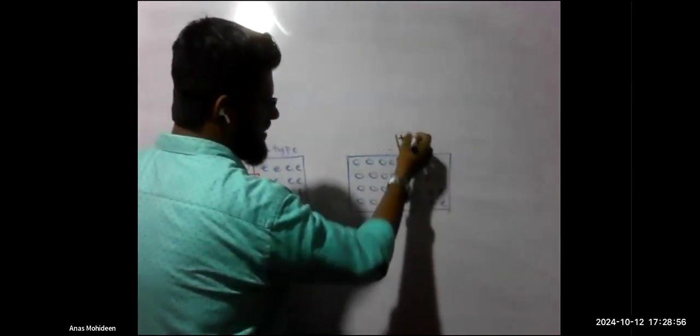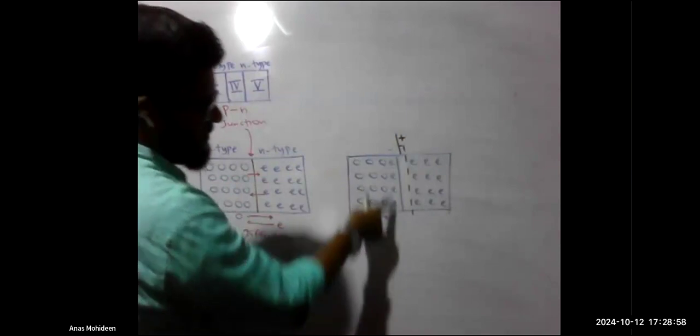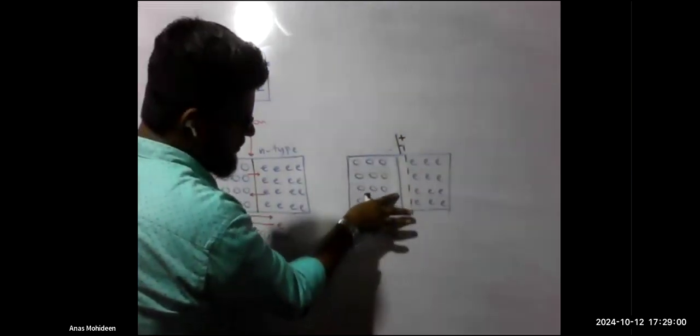These negative ones I'm going to take off, and mark them as a shorter terminal. Shorter terminal means negative. So the positive holes we took out and labeled as the plus terminal. Negative, we named as the minus terminal.